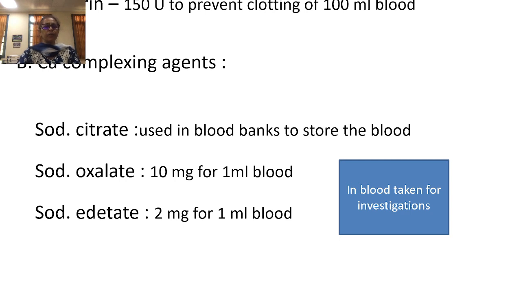So the in vitro calcium complexing agents which are used for anticoagulant purposes are sodium citrate, sodium oxalate, sodium edetate. Even heparin is also used. 150 units are used to prevent clotting of 100 ml of the blood.